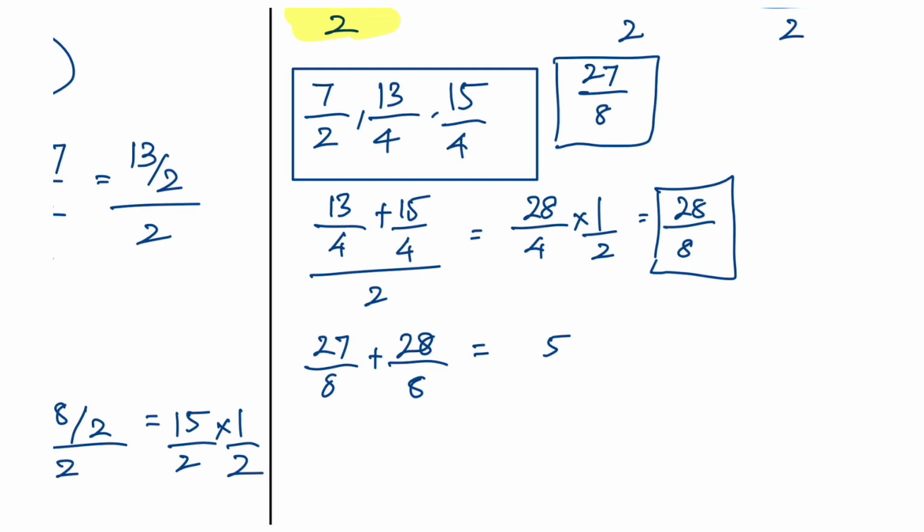You'll get a carry over 1, 3 plus 2, another 5, so 55. Okay, 55 divided by 8, and that is going to be divided by 2. That is the formula, and it's 1 by 2, and that would be 55 divided by 16.